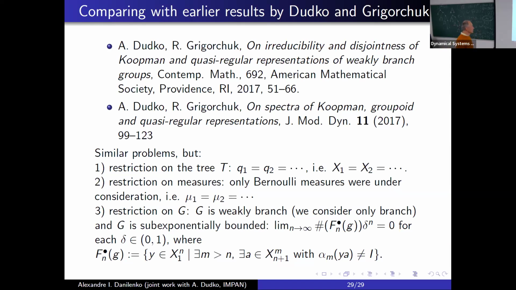So it wasn't as natural as in that paper, but unfortunately, there is no ergodicity, and we were unable to extend our result to the equilibrium case. That's all.